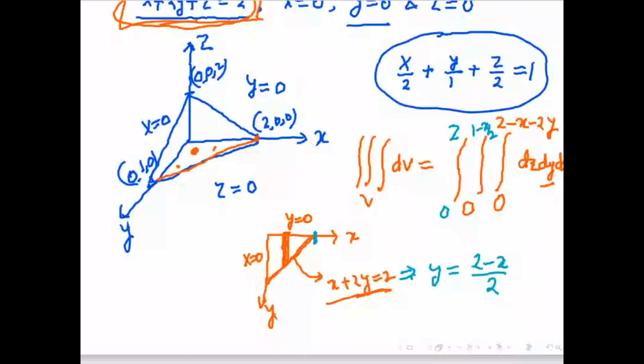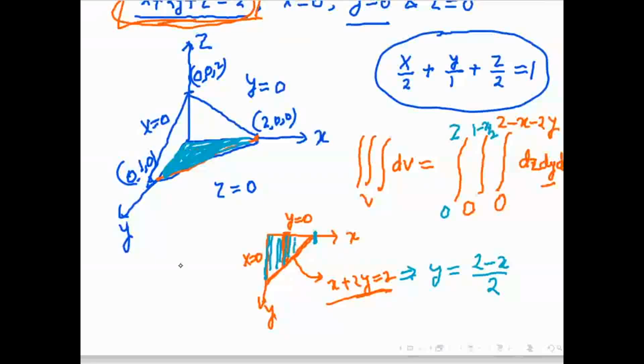Limit of x. See, this strip you want in this region in the xy plane. So I took this strip. So this strip will move from here and it will go up to this point.